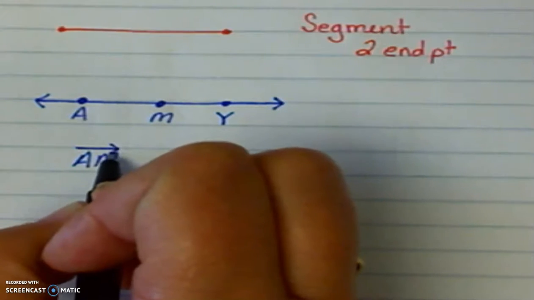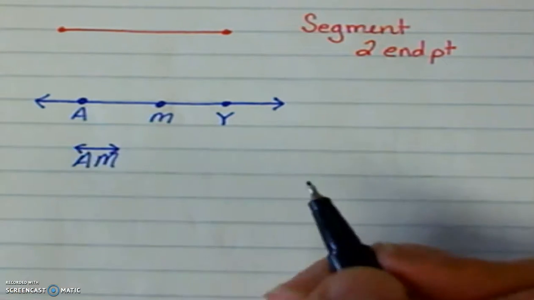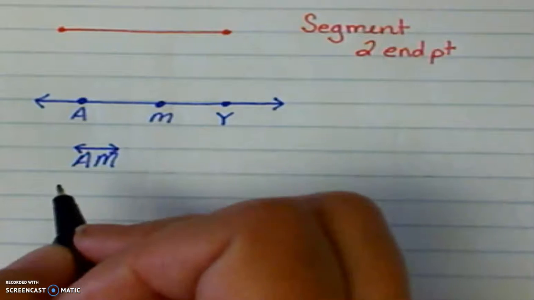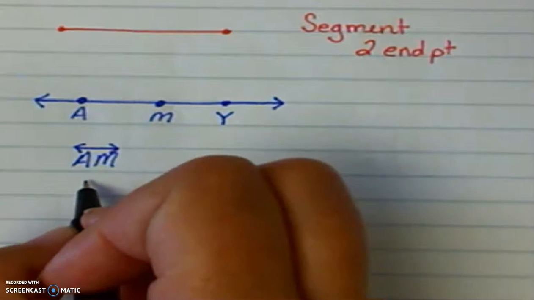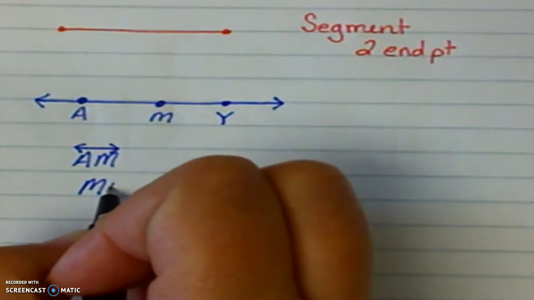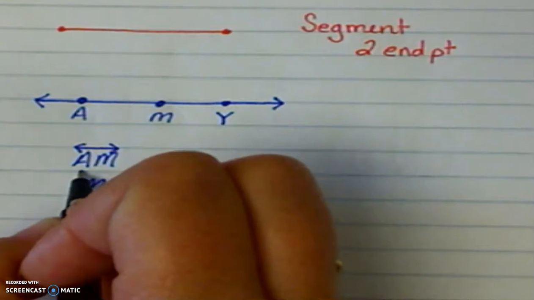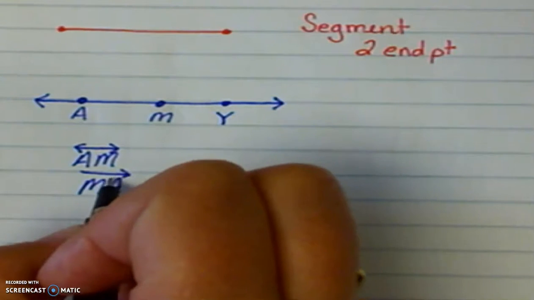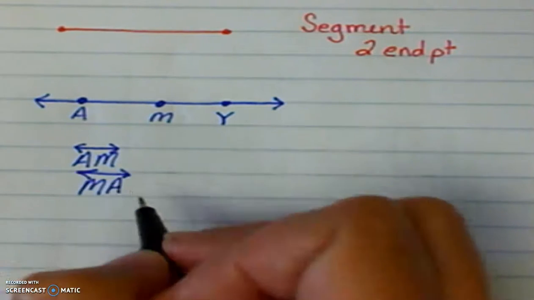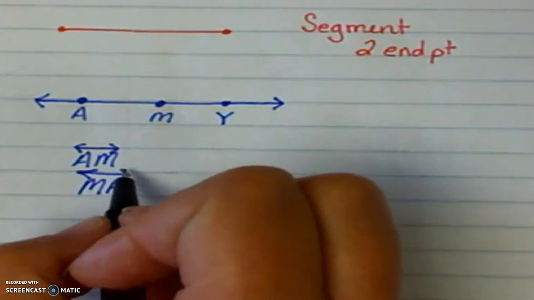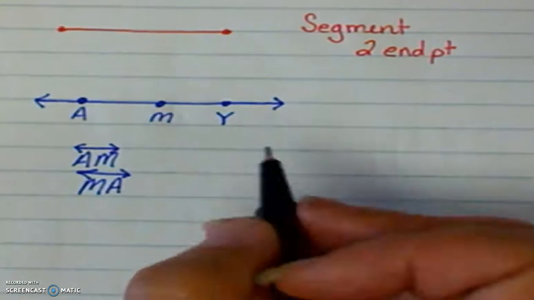Don't put Amy down, even though that would be nice, but don't put Amy down, just 2 points. So AM, but I could also reverse them and refer to line MA. But make sure you put the symbol that looks like a line above it, which is a straight line with the 2 arrow tips on it.